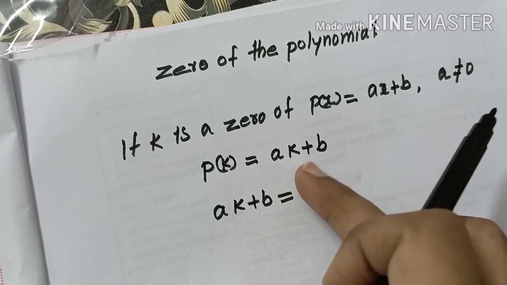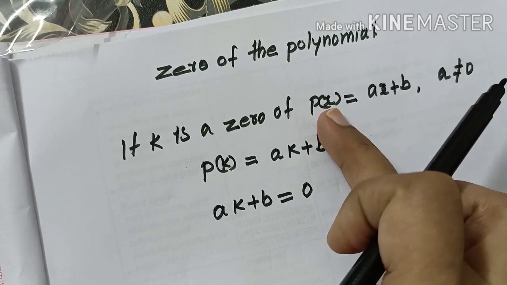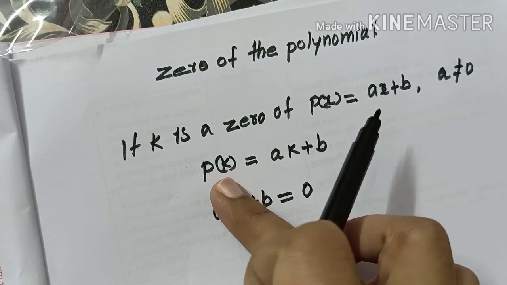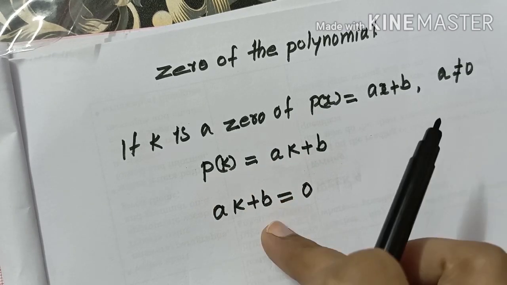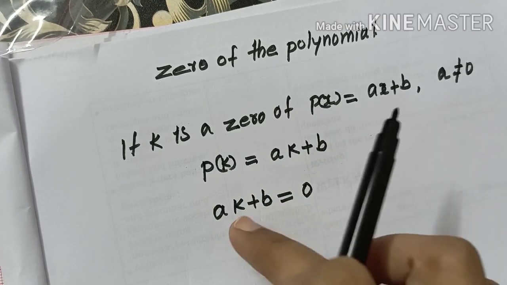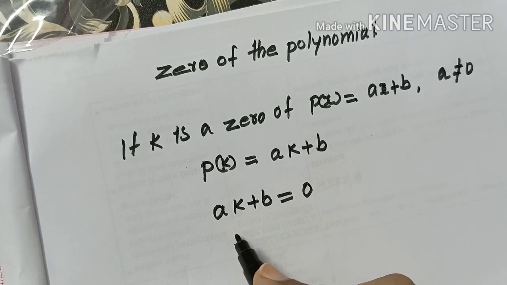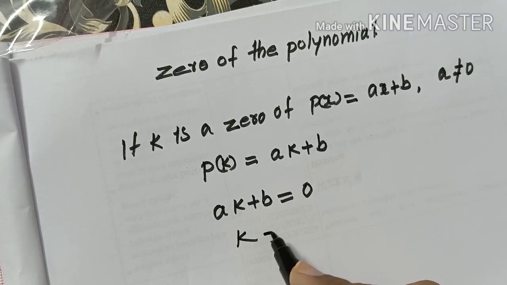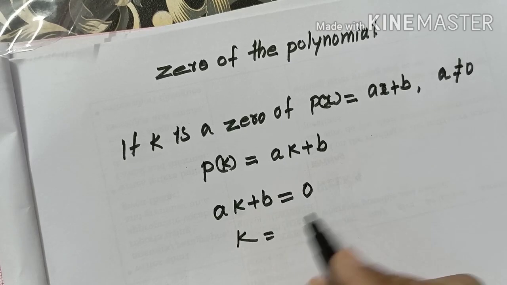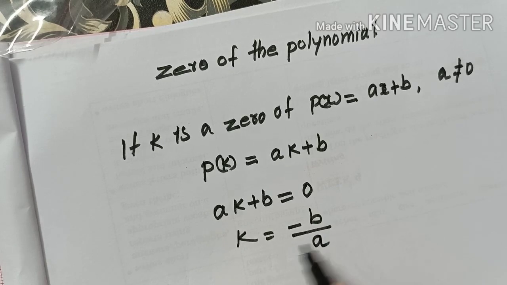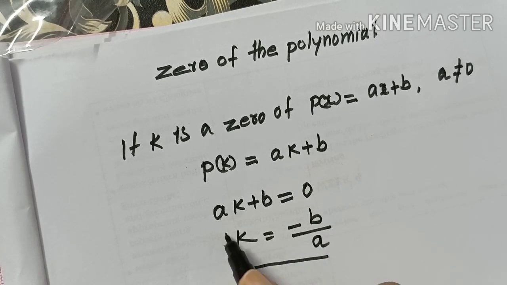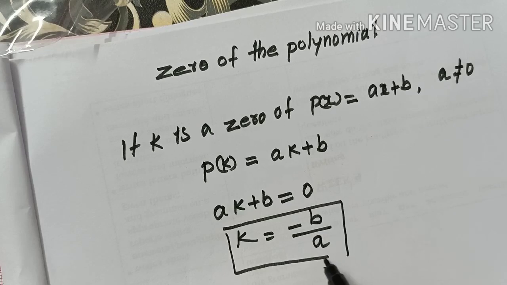So now we are saying that k is the 0 of the polynomial. So when we applied k, ak plus b should be equal to 0. From this we can find out the value of k. So k is equal to, b goes to the other side, it becomes minus b, and a gets divided. So k is equal to minus b by a.